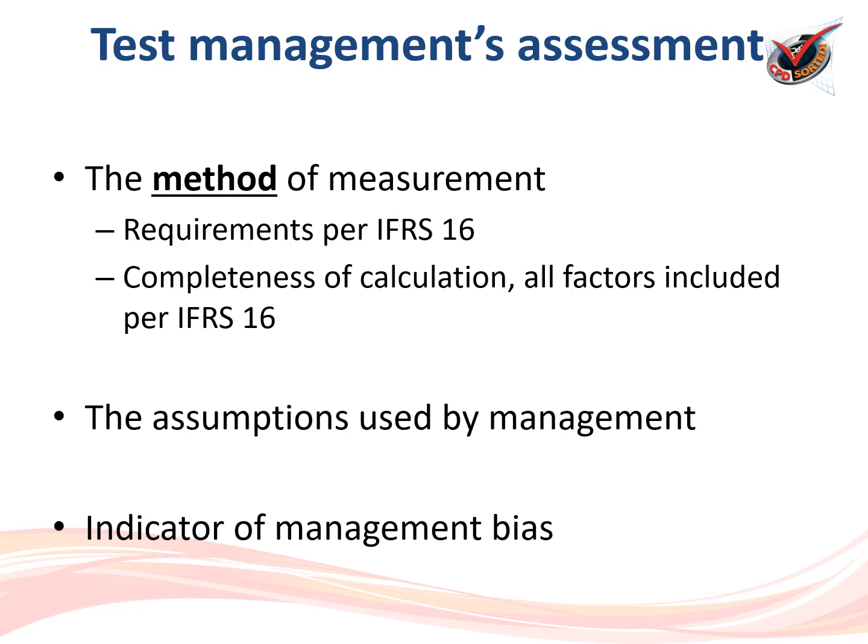If management are always utilizing inputs and assumptions that tend to an upper or lower range of a value of an estimate, that could be indicative of management bias, which the auditor would need to evaluate the impact thereof.